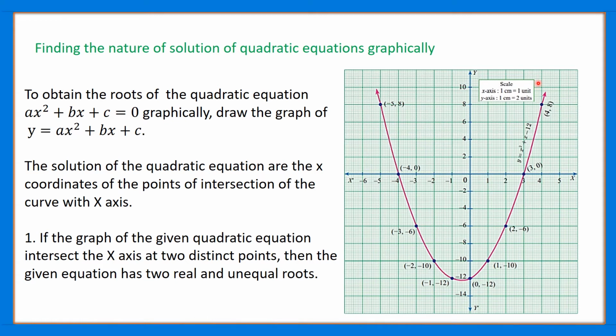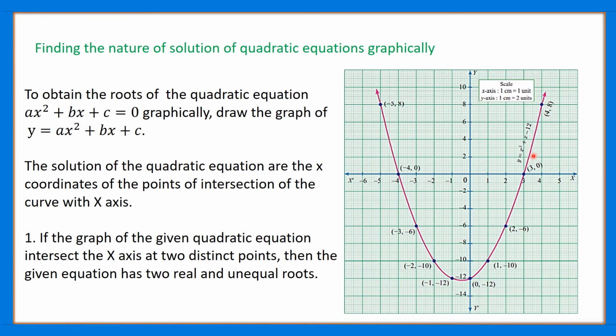Next step is to find the intersection point of the parabola and the x-axis. And if we find the intersection points, and if we look at the x-coordinate of those intersection points, then the roots of the quadratic equation will be obtained.